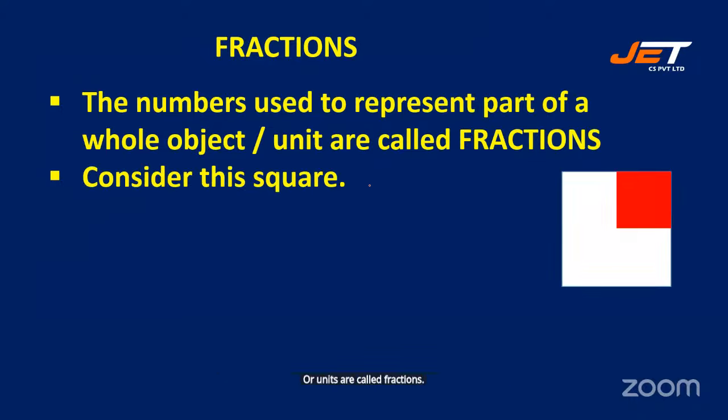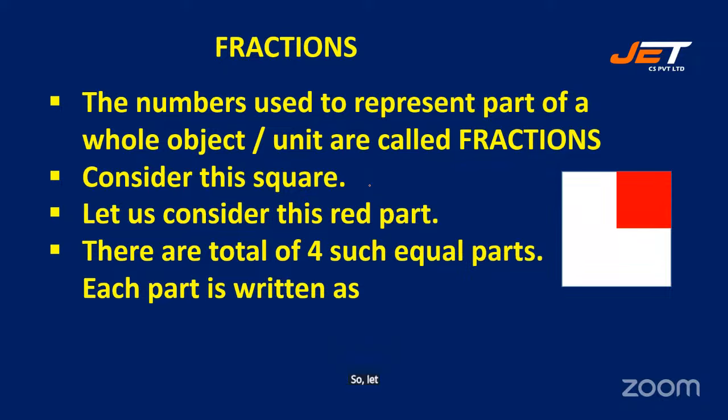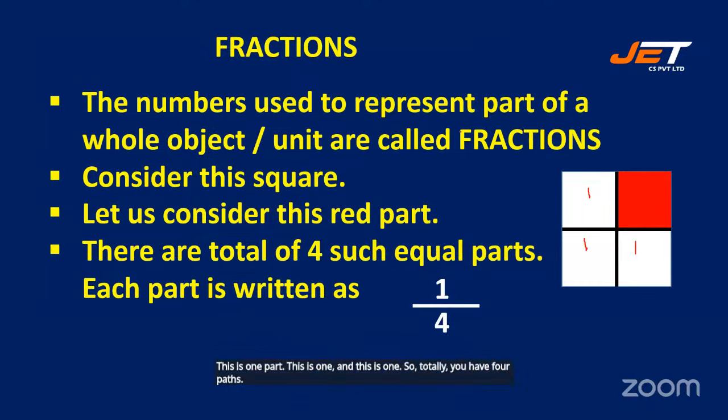So consider this square. Let us consider this red part. There are a total of 4 such equal parts. Each part is written as 1 by 4. So this is one part, this is one part, this is one, and this is one. So totally you have 4 parts, and one part is called 1 by 4.